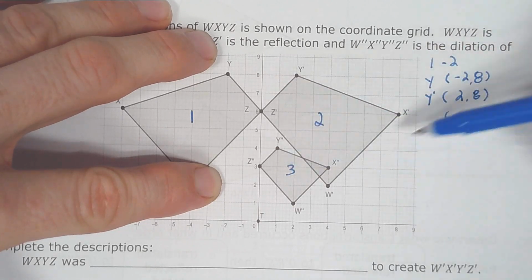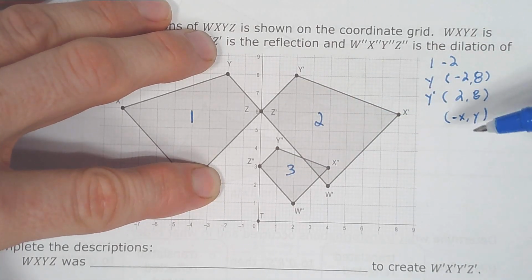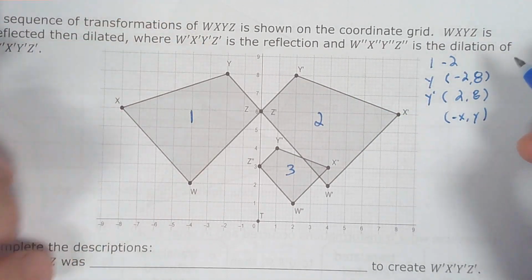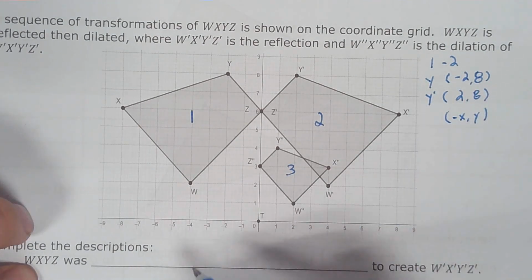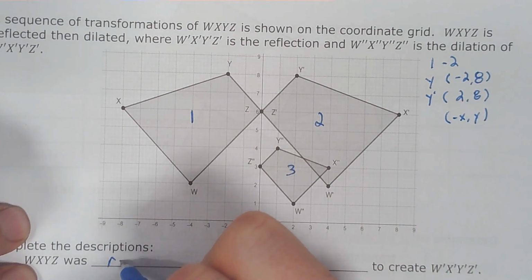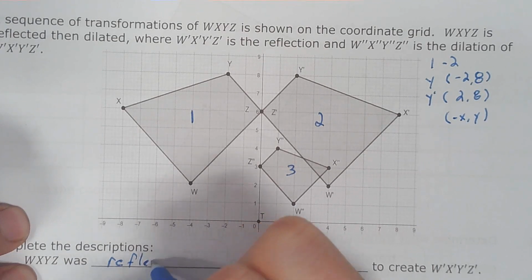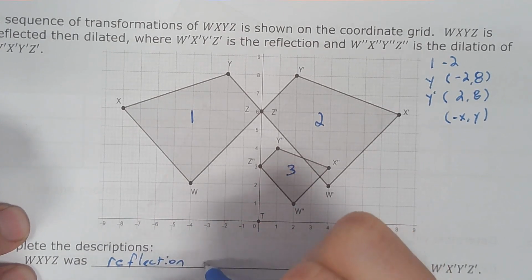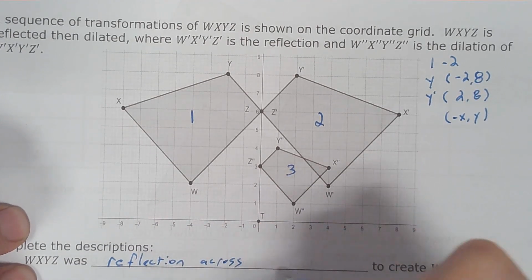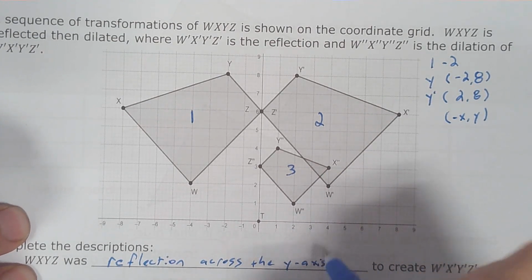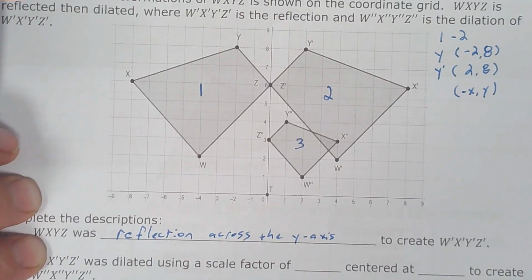My x values flopped. So my first one is a reflection across the y-axis.